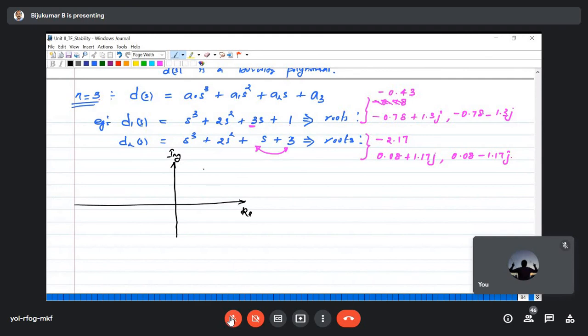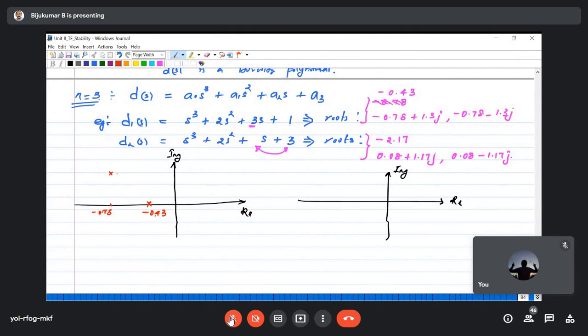this is real, this is for the second system. You can see that one is at minus 0.43 and the other one is at minus 0.78.